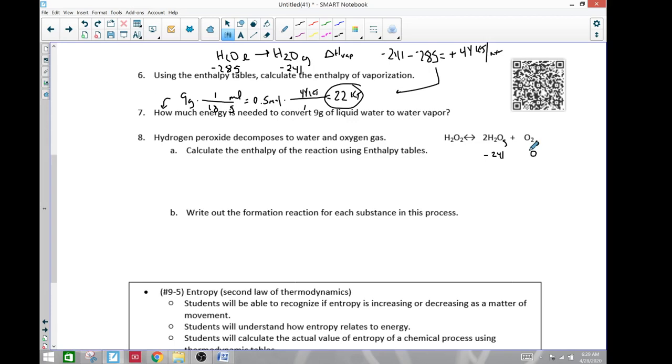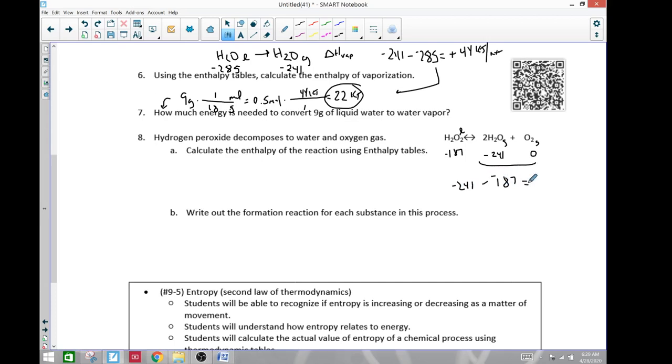All right, negative 187. We'll assume that this is liquid. So negative 187, only one listed on the table. All right, so products minus reactants is just going to be negative 241 minus 187 minus a negative 187.